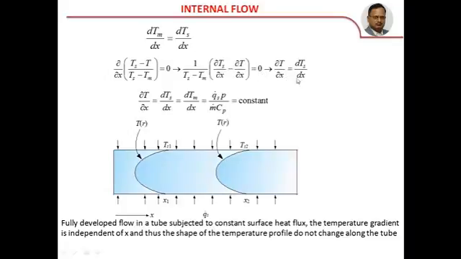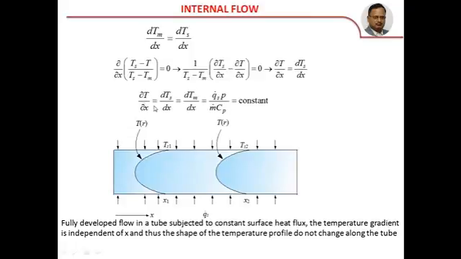Or in other words, 1 by (Ts minus Tm) times (dou Ts by dou x minus dou T by dou x) is equal to 0, which indicates that dou T by dou x is equal to dou Ts by dou x. So the variation of the fluid temperature at any point with respect to x and the surface temperature with respect to x are the same. So dou T by dou x is equal to dTs by dx equal to dTm by dx equal to Q dot S p by m dot Cp, which is constant.